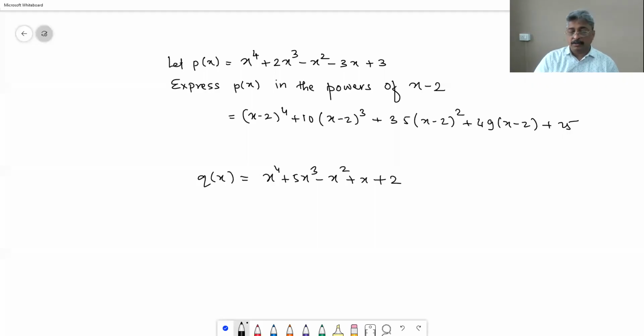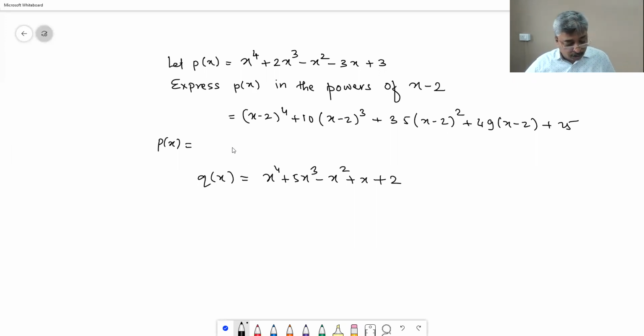Let me tell you one method, which is maybe the longest method. I want to get this, but what I have is P of x equal to x raised to 4.